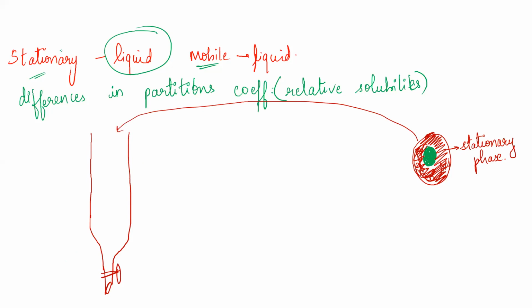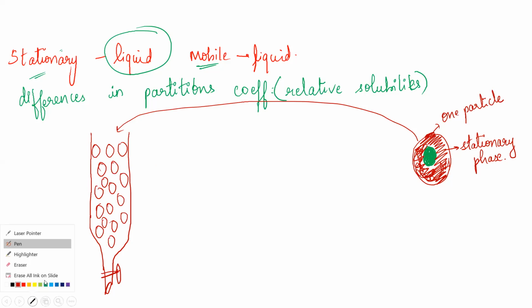This is just one particle of your stationary phase. Now your stationary phase is going to be present in many numbers. So your column is actually going to be full of a lot of such particles. And then the solid support is just going to be here inside somewhere like this.